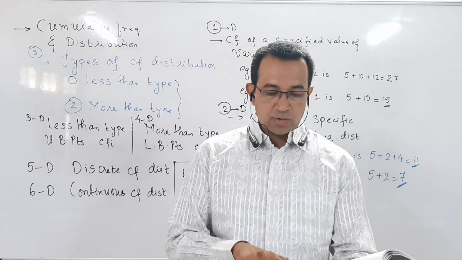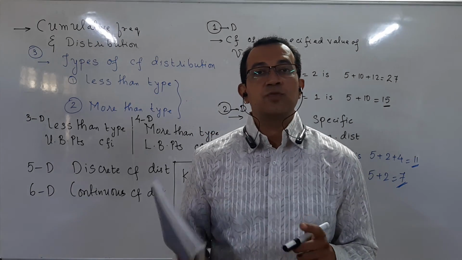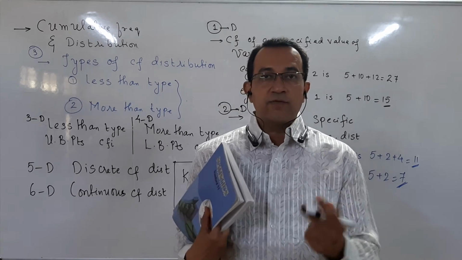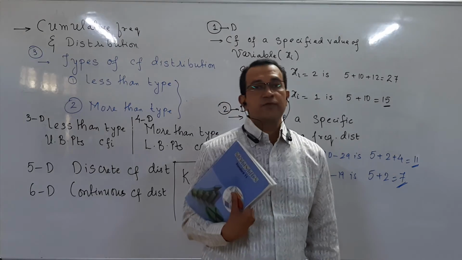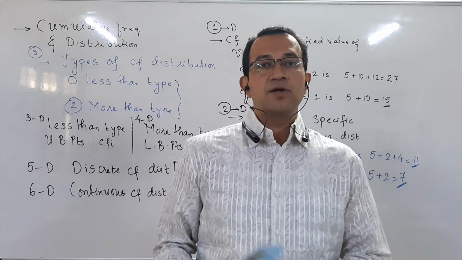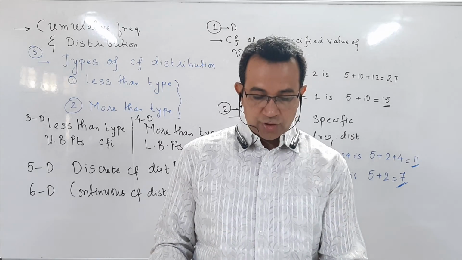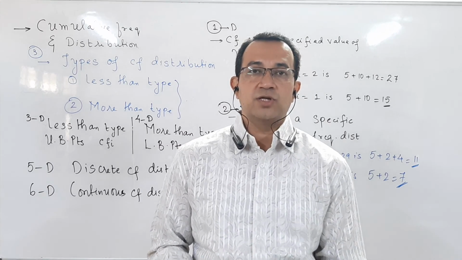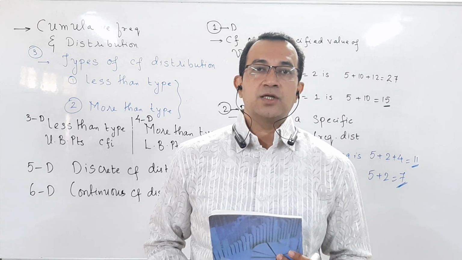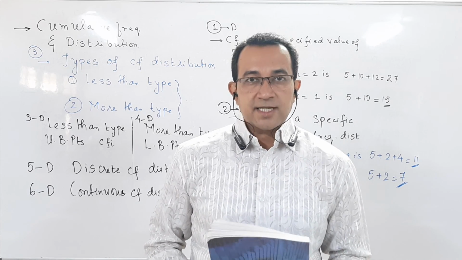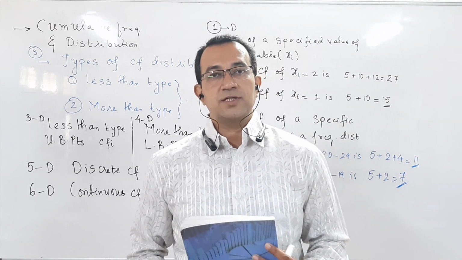So in 8 you have to write the definition of cumulative frequency of a specified value of variable xi, as well as cumulative frequency of a specific class of a given frequency distribution. So these 8 questions of section B also, students, you have to write. So here we are concluding this lecture. In the next lecture we will be doing the sums of cumulative frequency. Thank you, students.